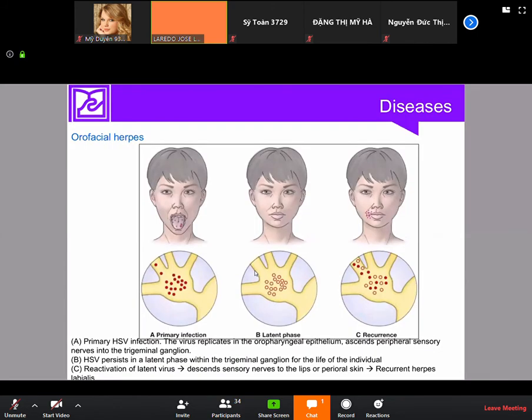So look, gingivostomatitis, painful lesions in the mouth, reactivation disease, only found in the lips, not severe. Some people, usually women, may suffer many reactivations in their life, a lot, sometimes many times every year.